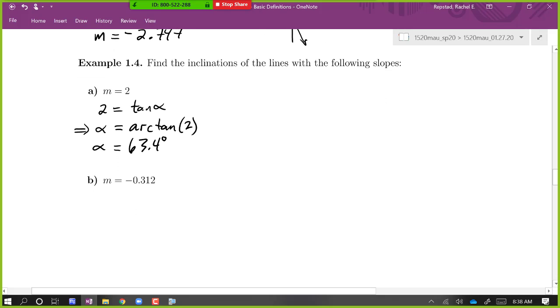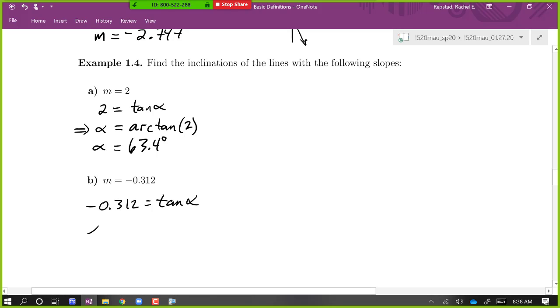Now we can use the same idea on the next example. Keep in mind that our inclination is always a positive angle between 0 and 180. So if I start in the same way, negative 0.312 equals tan alpha.